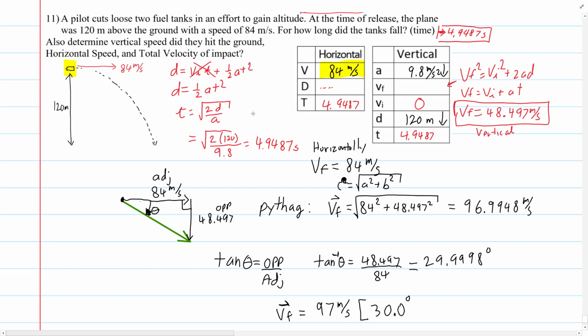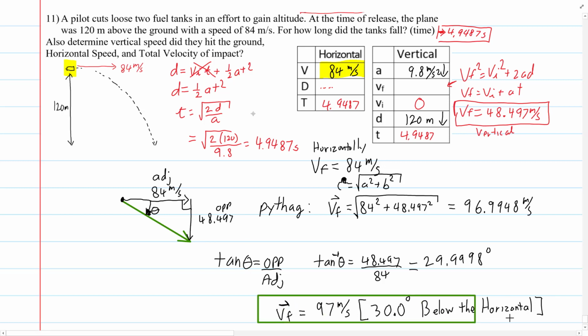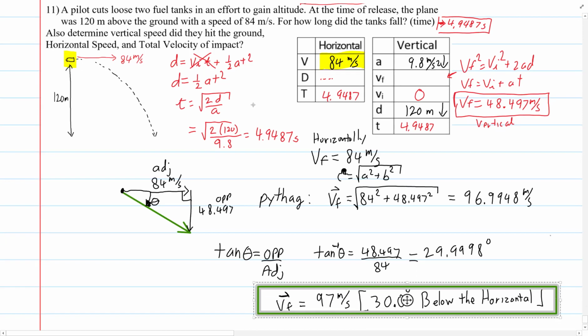And this is below the horizontal. And that's the answer. That's a complete vector. The final vertical velocity is 48, the final horizontal velocity is 84, but the final velocity is 97 at 30 degrees below the horizontal.